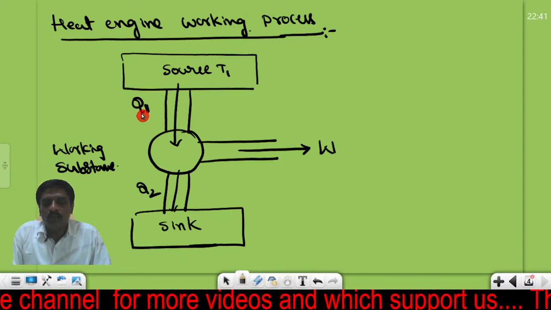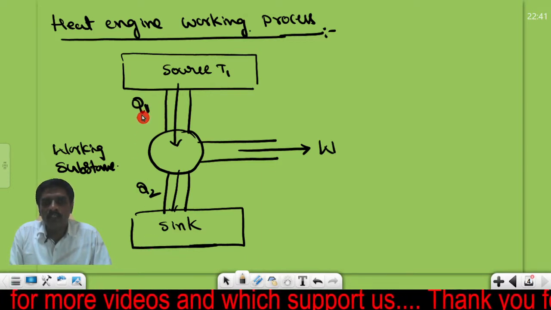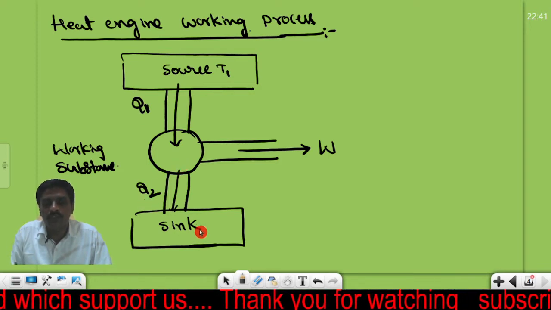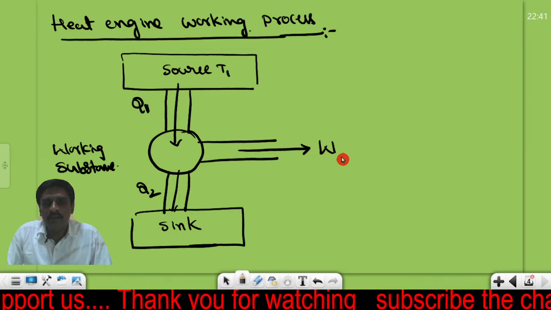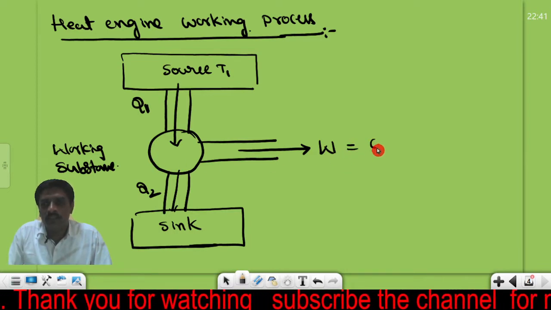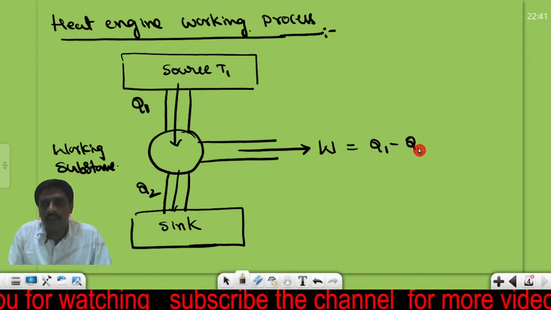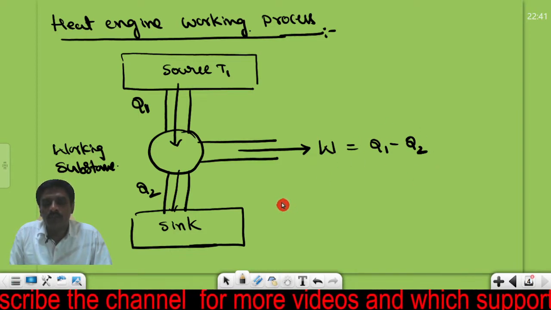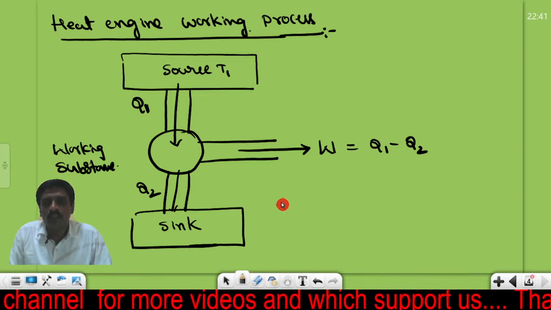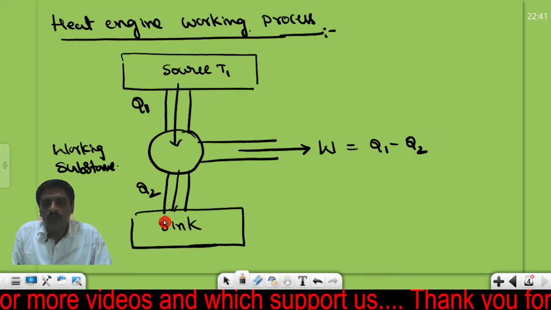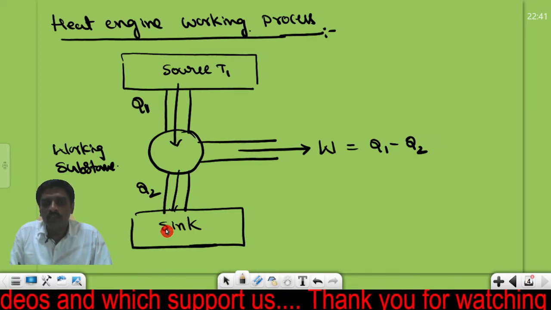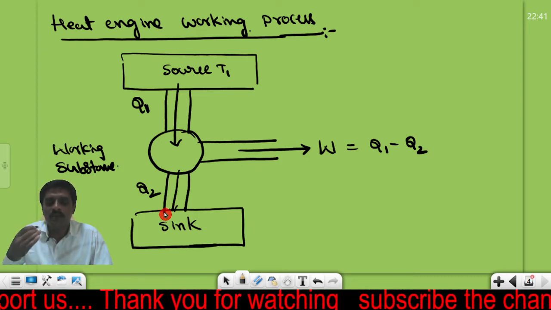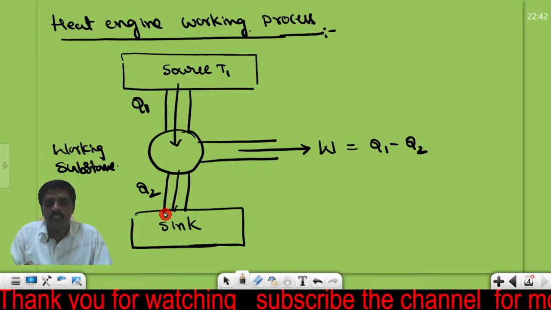As Q1 is absorbed by the working substance and Q2 is released to the sink, the work done by the working substance, W, is equal to Q1 minus Q2, the difference between them. As the remaining Q2 is sent to the sink, the working substance comes back to its initial condition.